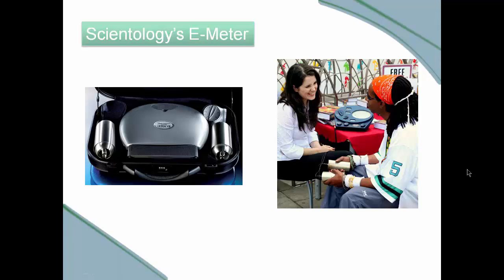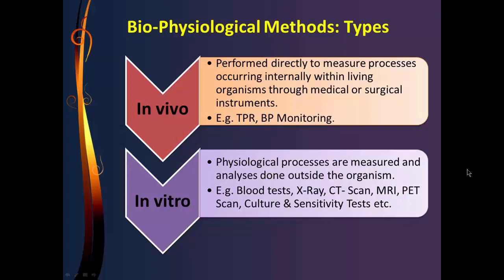I don't know the history of galvanometers, but they're basically a pretty simple measuring device that measures resistance. And in this case, we're measuring what's called galvanic skin response. Now, a more updated version of GSR is EDR, electrodermal response, and that's really what the polygraph is all about, plus some other things.